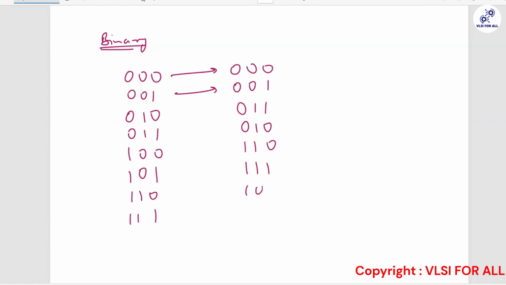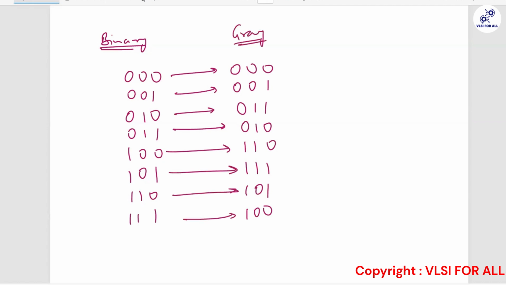This will be 101. This will be 100. So this one is gray. Now, if you see, the adjacent values have only one bit toggle. But in binary, let's say from 001 to 010, there are two bits toggling. This 0 is converted into 1, this 1 is converted into 0. So there might be some glitches where it is toggling, right? But in gray coding, only one bit is getting toggled, the second bit only. The first one is still there. So that is gray coding.